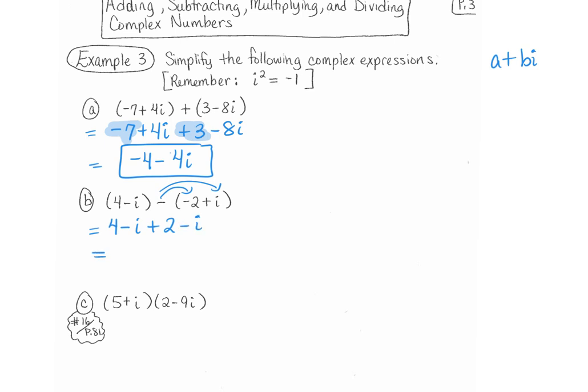Combine like terms. -i minus i is negative what? -2i, because you have a -1 minus 1 with i's attached, which gives you -2i.